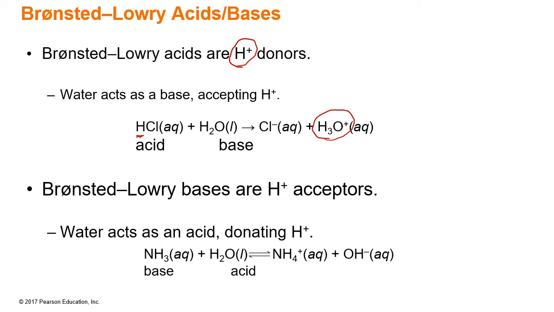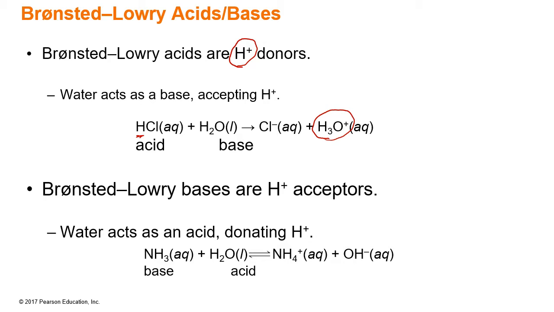can be donated. If we look at Bronsted-Lowry bases, this is where the definition changes a bit. Bases are H plus acceptors. So our water acts as an acid, donating a hydrogen.